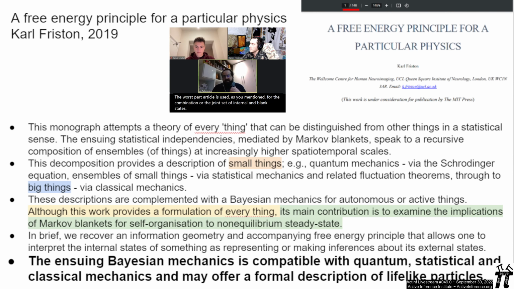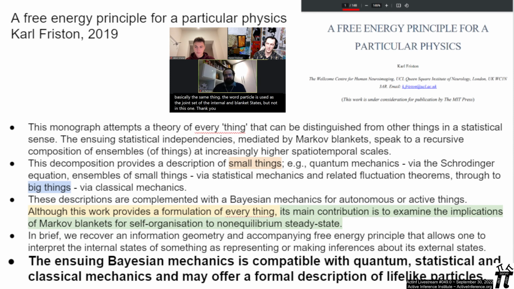But in the current paper, Dalton prefers to use the word system for that concept. Where Friston's paper refers to system, Dalton's paper uses agent-environment loop. So that might be helpful for people who want to read the literature, because in the rest of the literature, it's basically the same thing. The word particle is used as the joint set of the internal and blanket states, but not in this one.